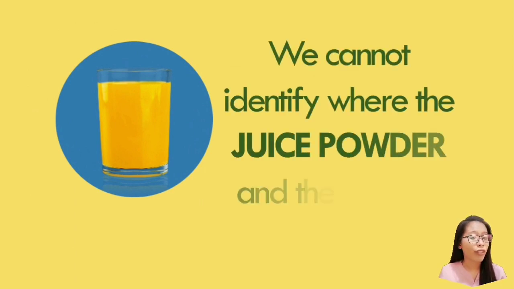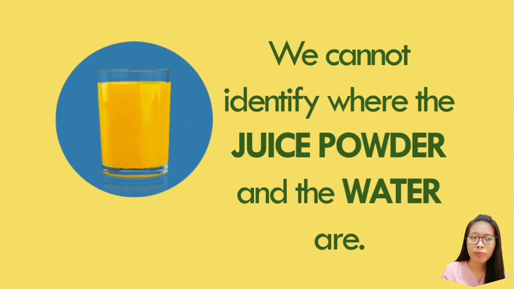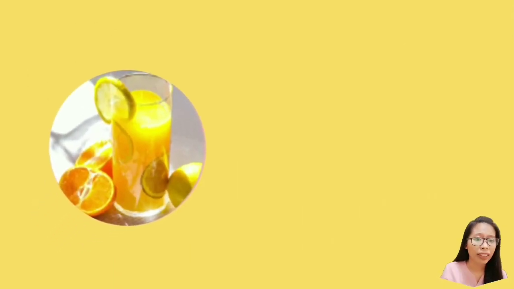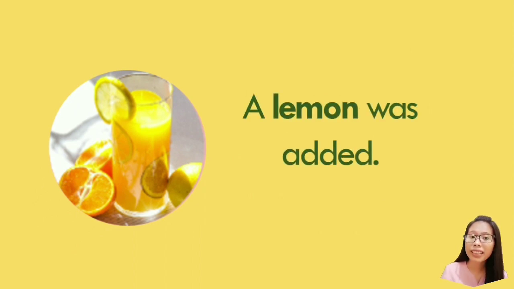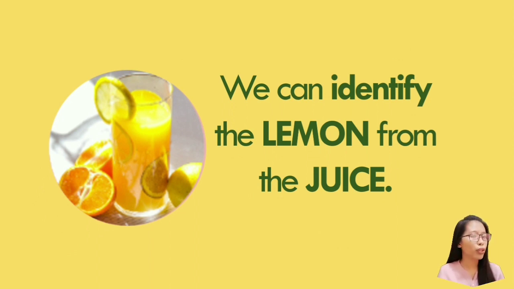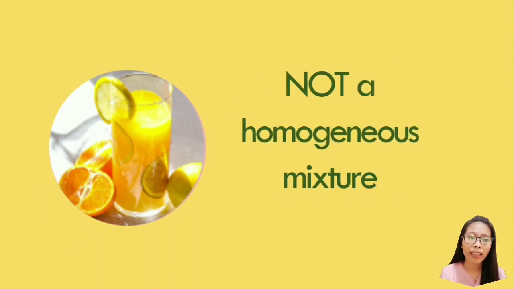We cannot identify where the juice powder and the water are, while on the other one, a lemon was added. We can identify the lemon from the juice. That's why that was not a homogeneous mixture, as its appearance was not uniform, unlike the first one.